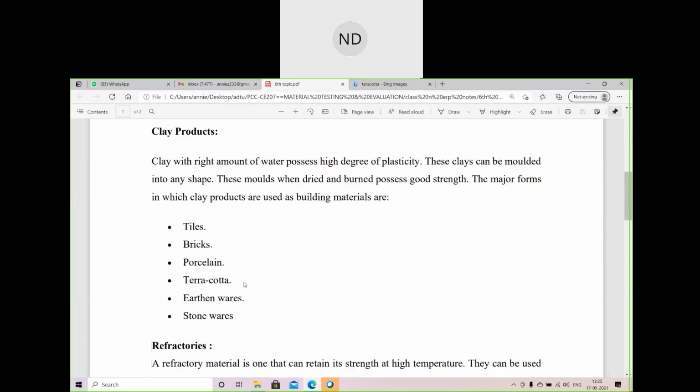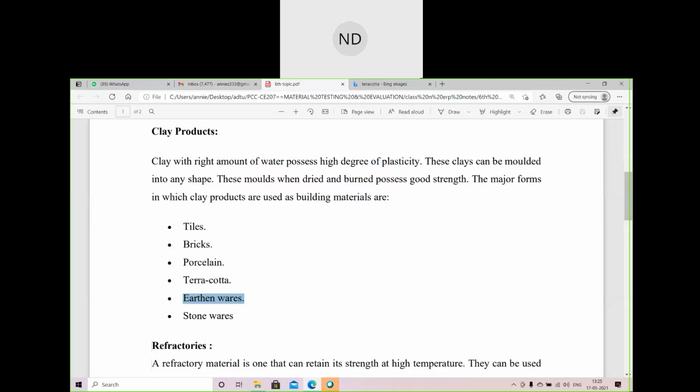The next form, if we talk about, is your earthenware. Since you obviously have to fire or burn these materials, you have to fire and burn the clay, and only then you get these forms. These can be burned at above 1200 degrees Celsius. Earthenware means actually the same thing; these can make your terracottas also.